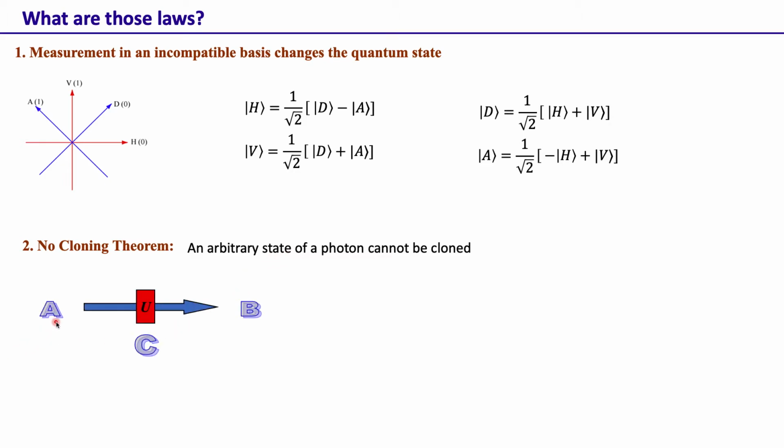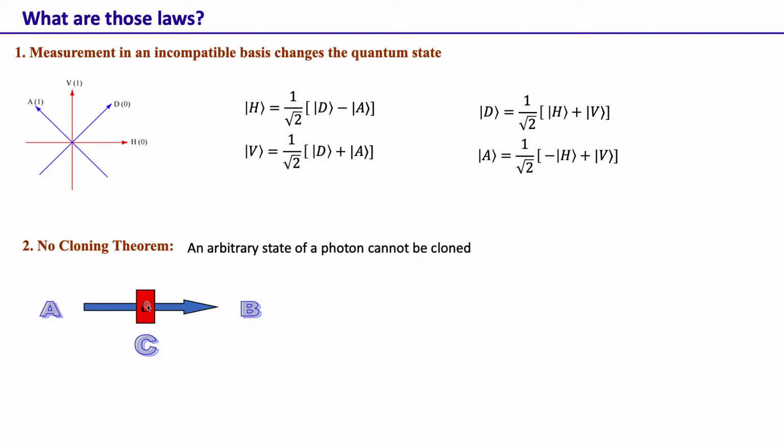So let's say we have a party A that wants to send a message to B, but then we have an eavesdropper C that has a cloning machine given by a unitary operator. For every photon sent, this machine generates 2 photons with the same state.